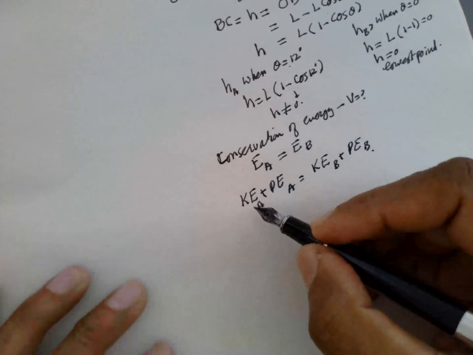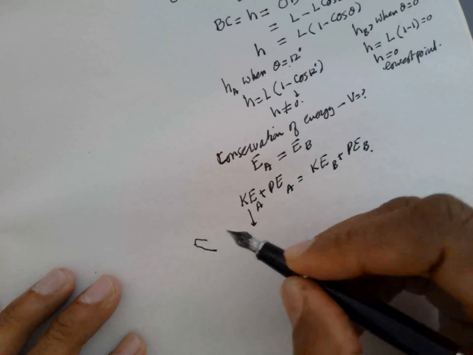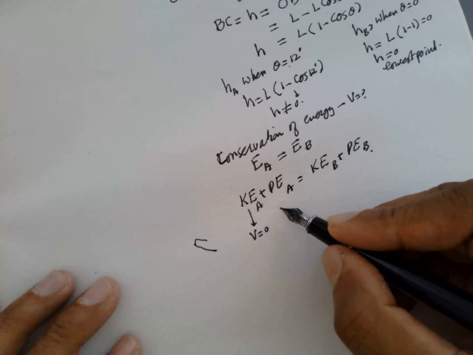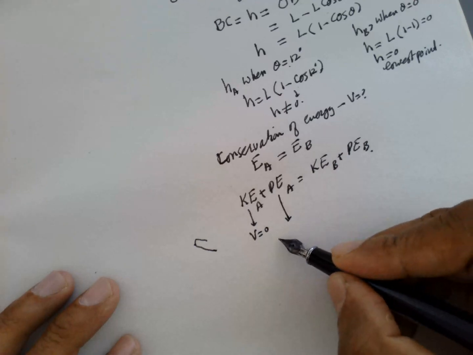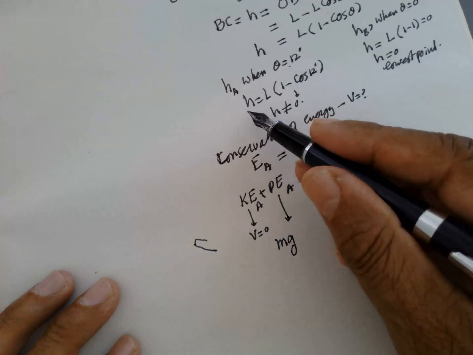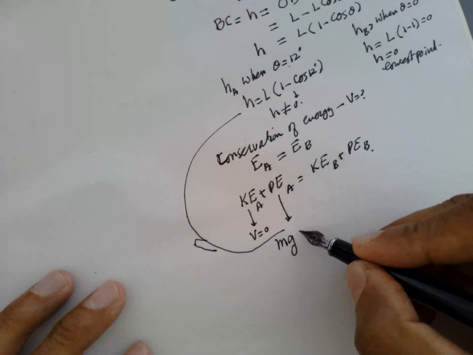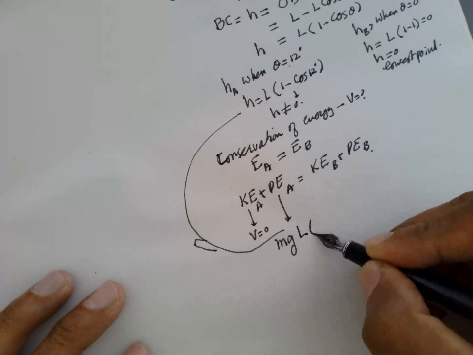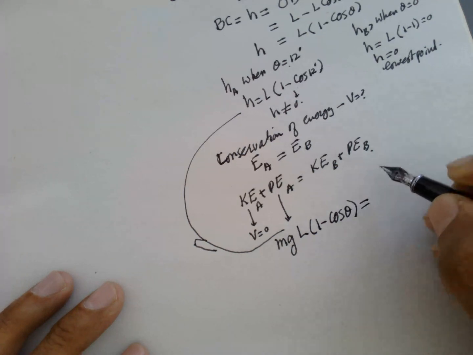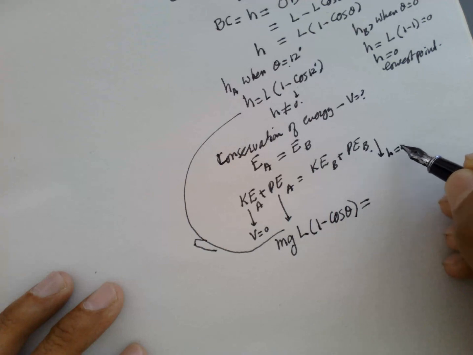Kinetic energy at A, because it is a turning point, the velocity is equal to 0. So this is equal to 0, and potential energy is mgh, and h is L into 1 minus cos of theta, which is equal to, here at B, h is equal to 0.